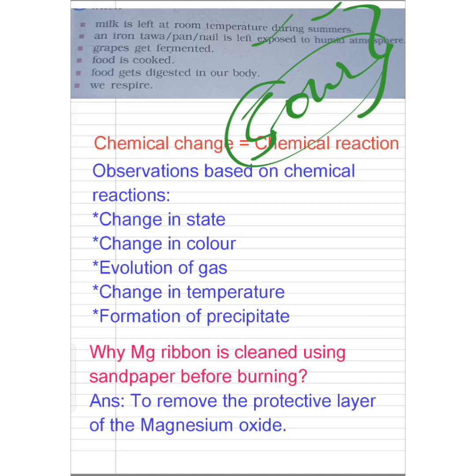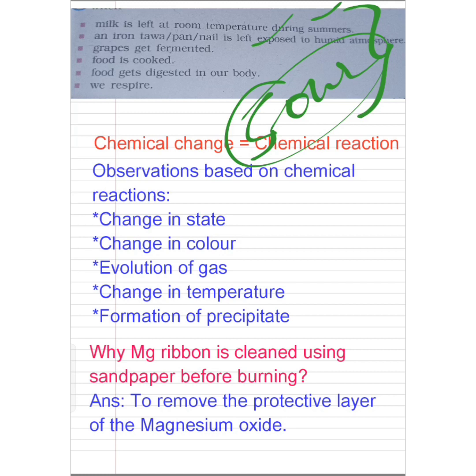Iron tawa or pan or nail is left exposed in humid atmosphere. Humid atmosphere means in presence of water or the moisture environment. We all know that if we leave the iron nail or any iron substance bare in the humid atmosphere, it gets rusted or gets corroded.